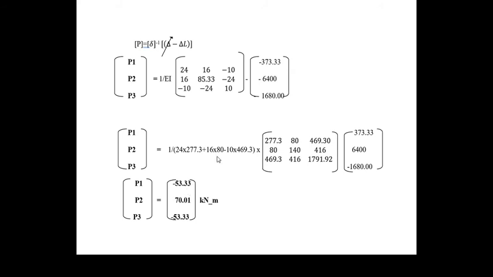Similarly 80 into this value, 140 into this value, 460 into 1480, divided by this value, we get 17.01 and also minus 53.33 kilonewton meter, that is P1, P2, P3.